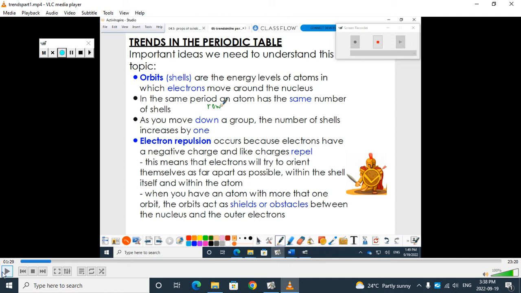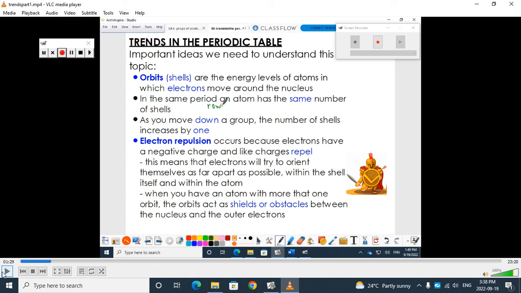So we drew those Bohr-Rutherford diagrams in order to hopefully see the patterns in the same period, which is row. If you would prefer the word row, then add it to your note. It has the same number of shells or orbits or energy levels.